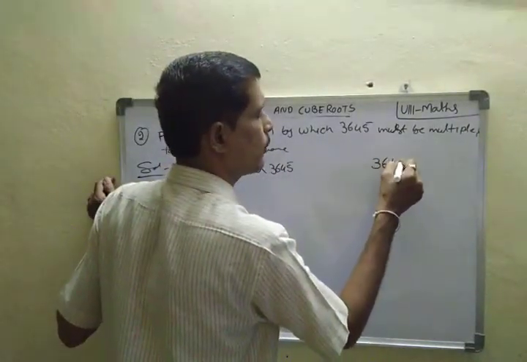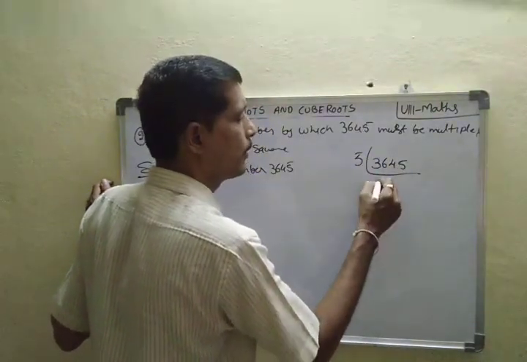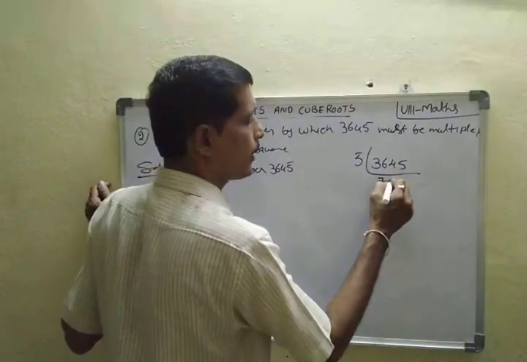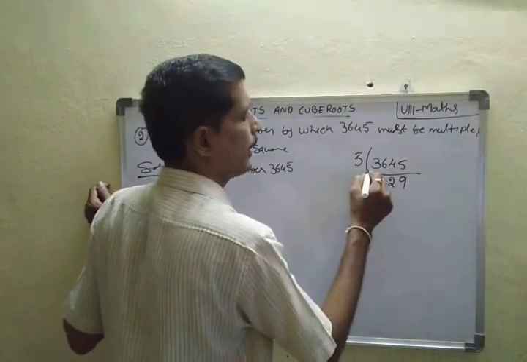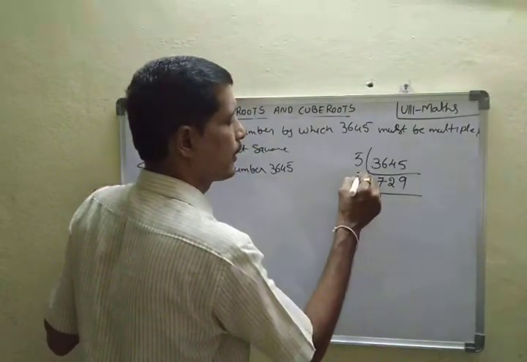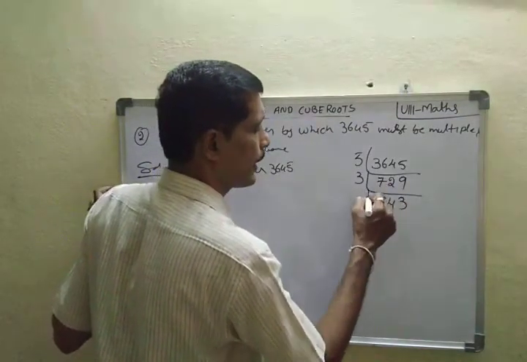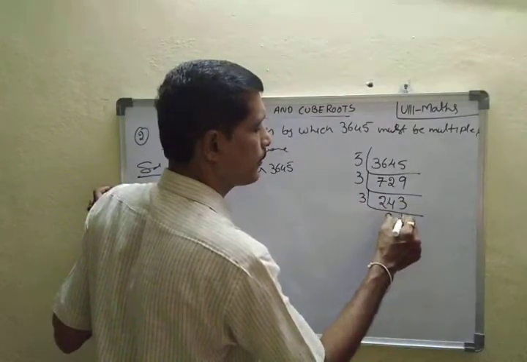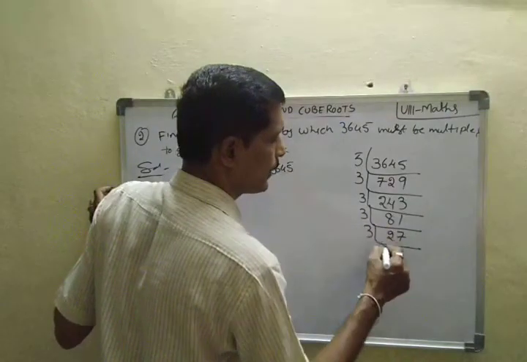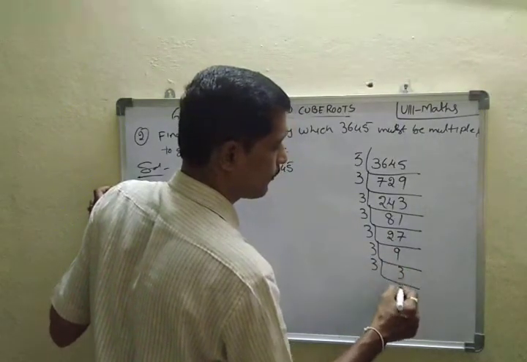Therefore 3645, here 5 table: 5 times 7 is 35, so 729. Next 3 table: 243, 81, 27, 9, 3, 1.